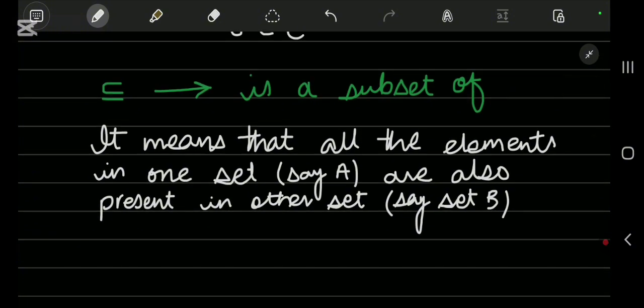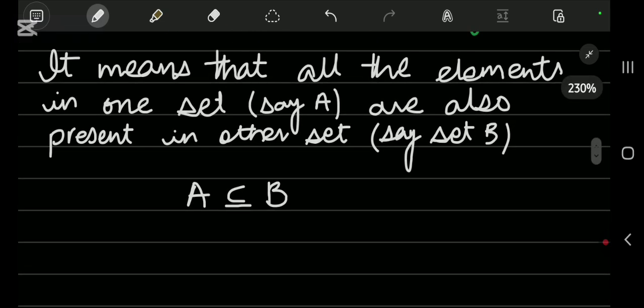That set A is a subset of B. That means all the elements in set A are also in B.